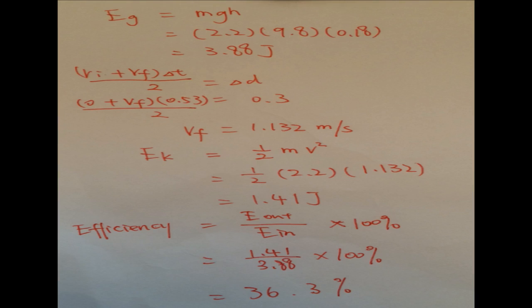And after that, the first thing I did was to find the potential energy before the cylinder goes, using the formula Eg equals mgh, and when I sub in the values, I got 3.88 joules.